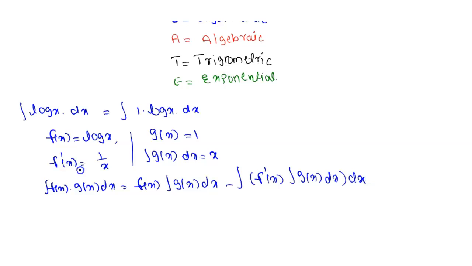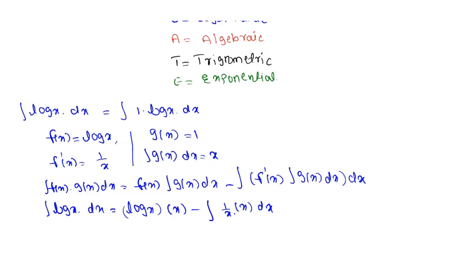Applying the values we have here: 1 into log x is log x, which is f of x, into integration of g of x, which is x, minus integral of f dash x, which is 1 by x, and integration of g of x, which is x, dx.